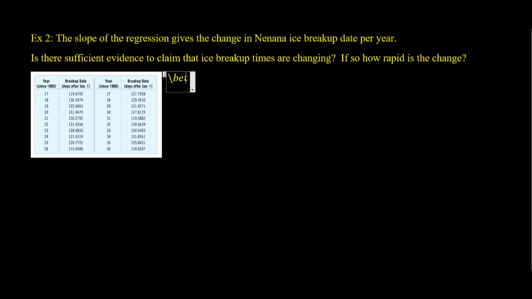We'll start with B1 equals 0, which in words means there is no association between ice breakup date and year.